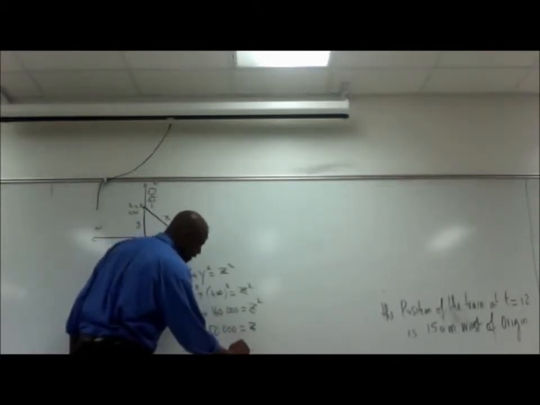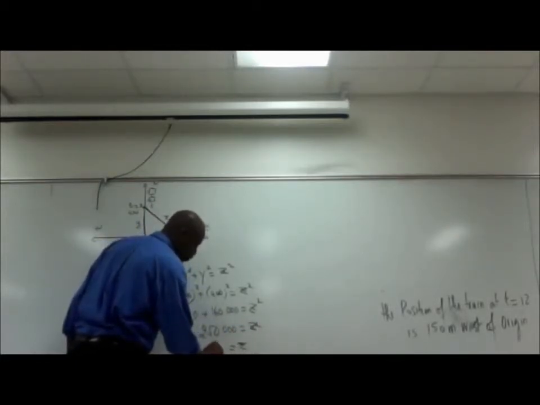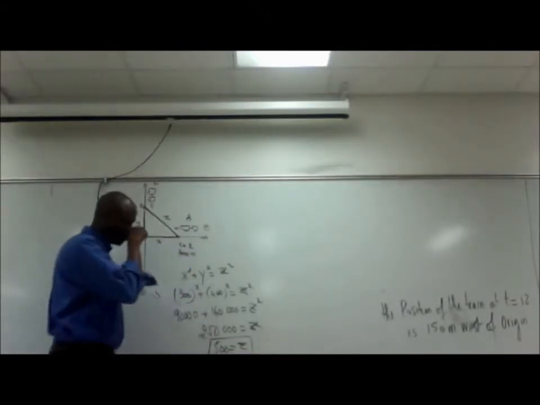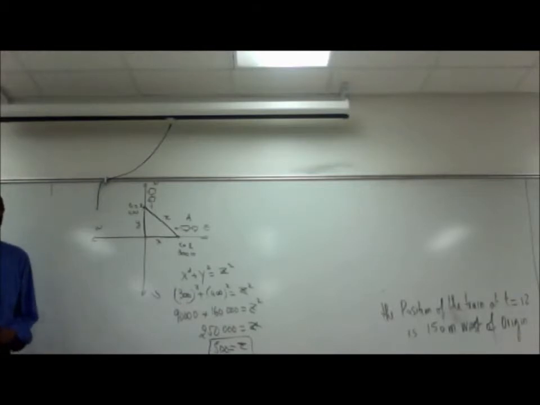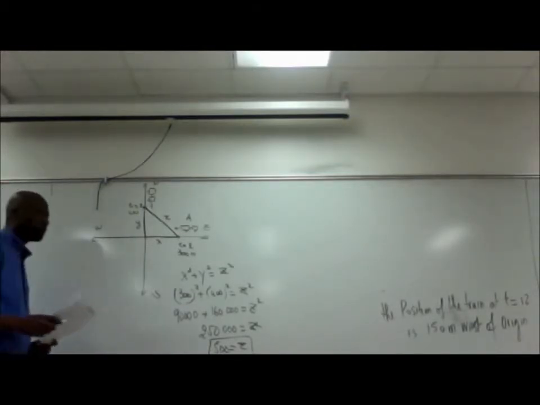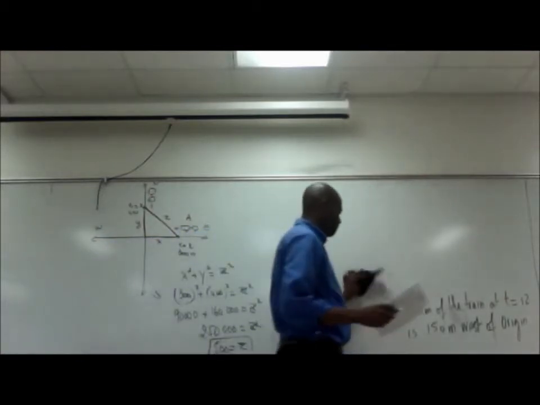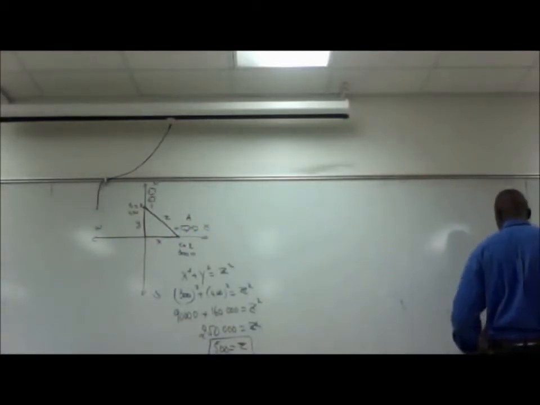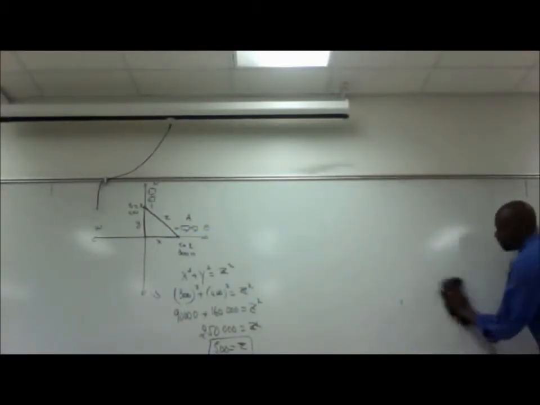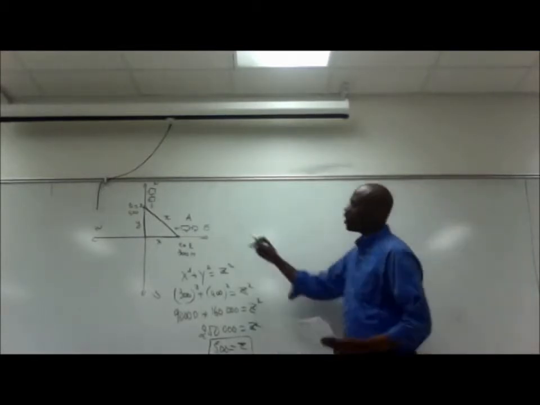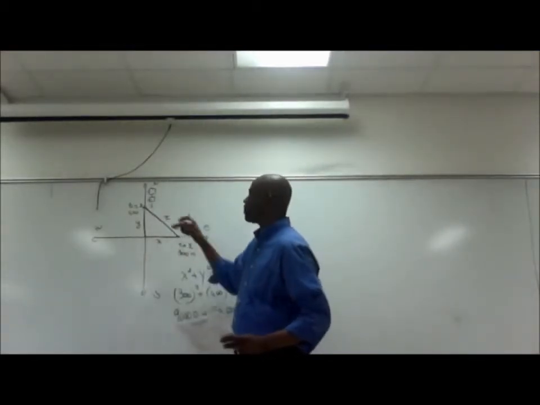So Z is the square root of that, which is 500. This is the first part of D. We found that at t equals 2, Z equals 500 meters.